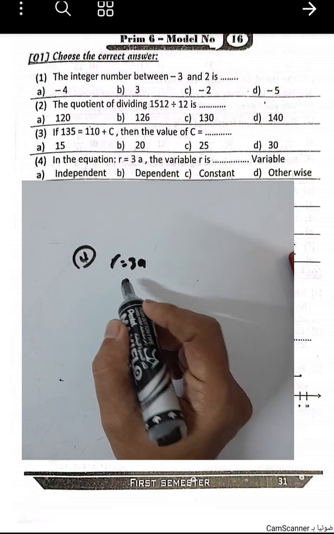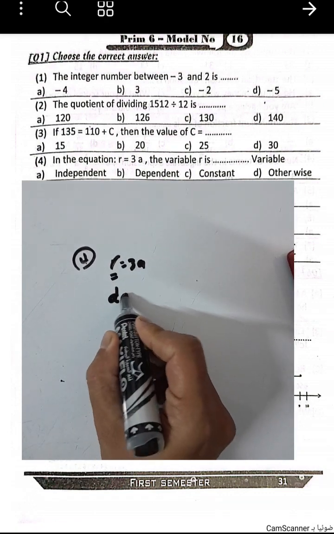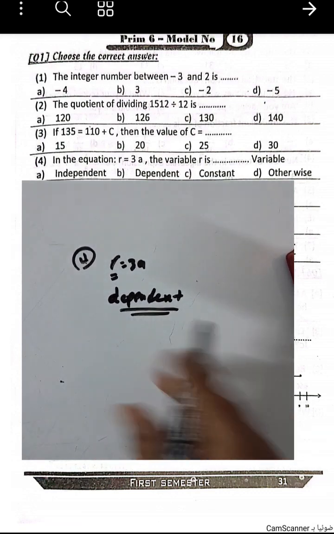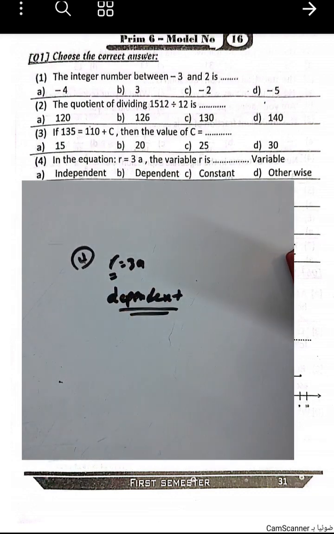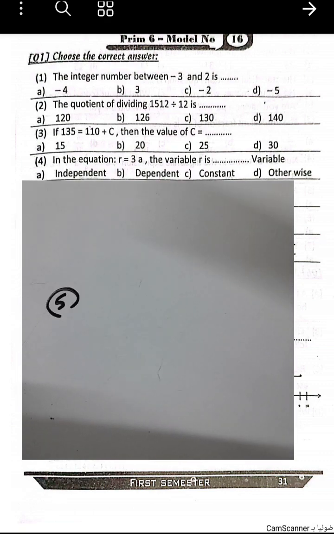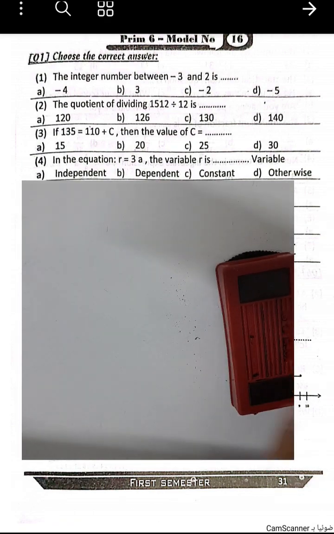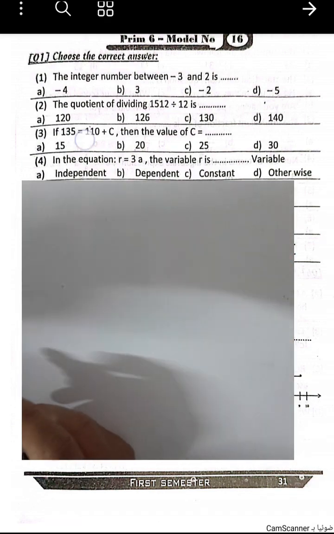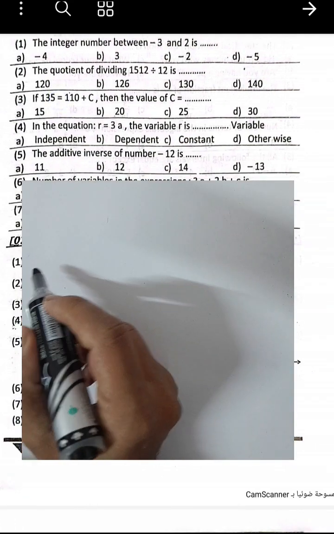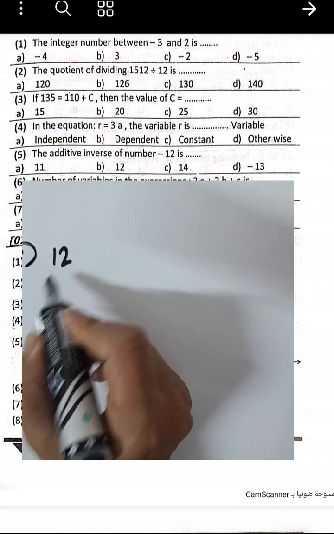R here we call dependent, and A we call independent. Number 5. The additive inverse of -12 will be +12.